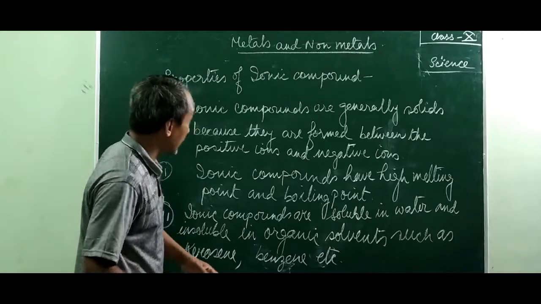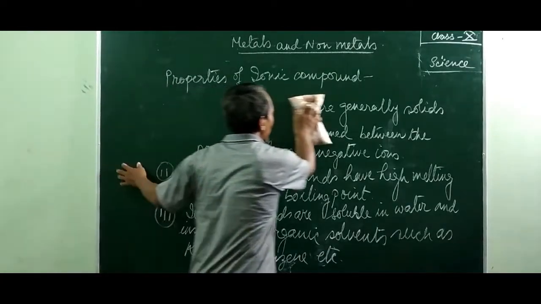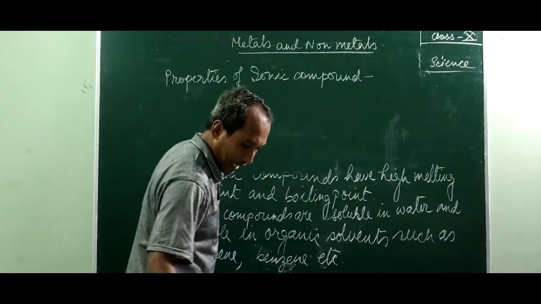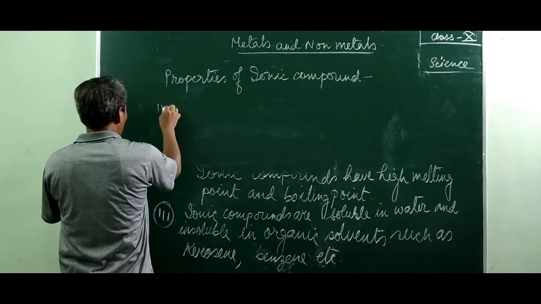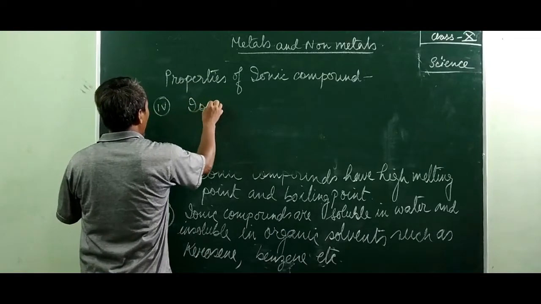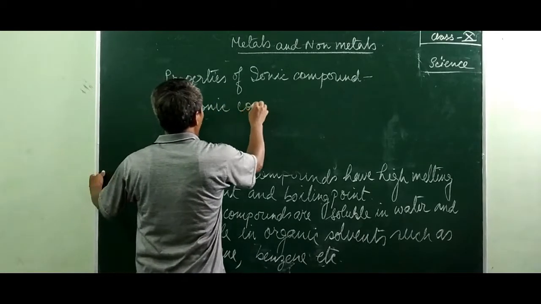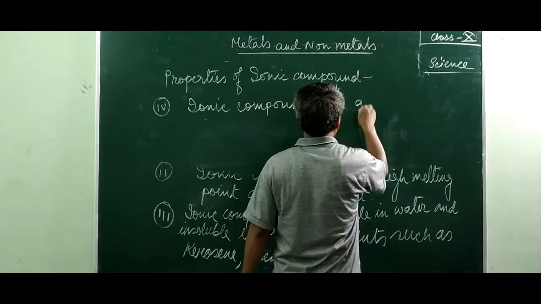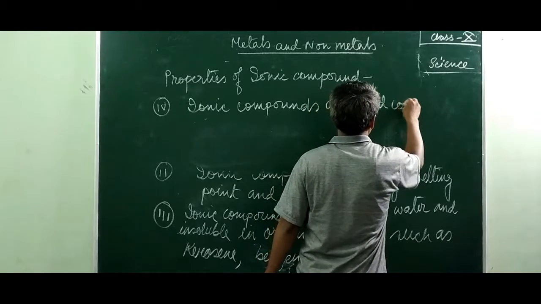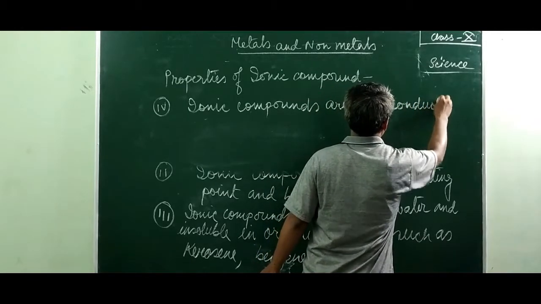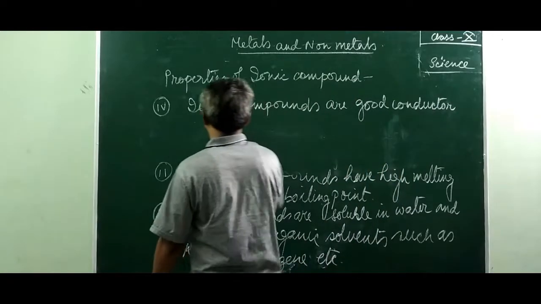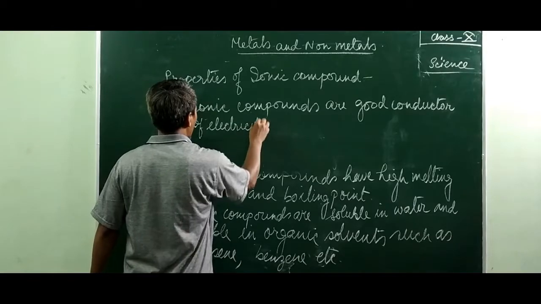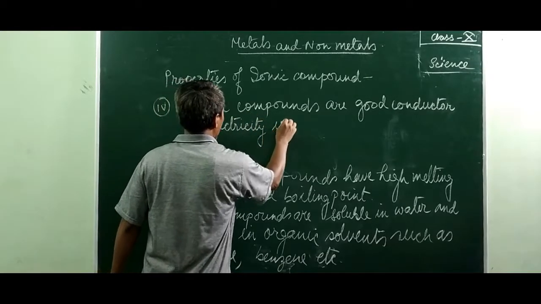The fourth point is ionic compounds are good conductors of electricity in molten state.